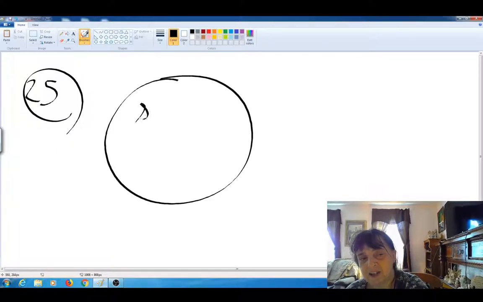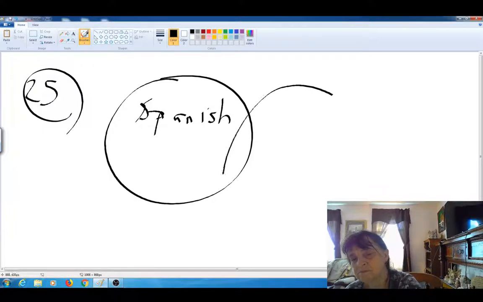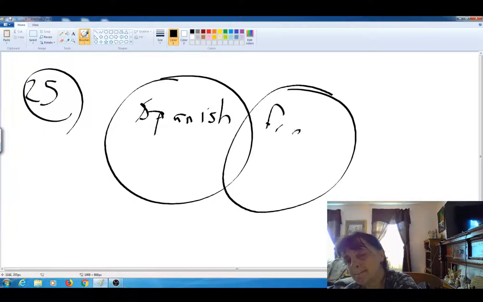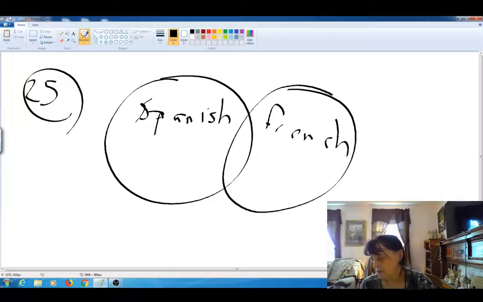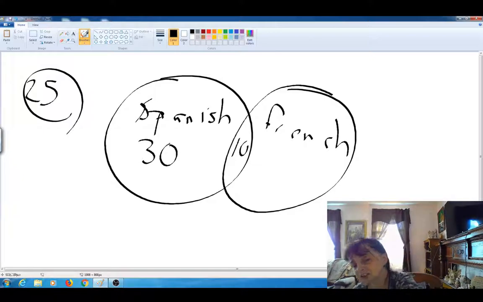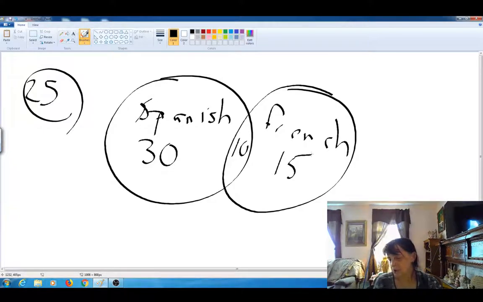This is Spanish, here's French, and 10 speak both. 40 speak Spanish, so the number who speak only Spanish is 30. 25 speak French, so 15 speak only French. So one or both languages is 55, and that's A.